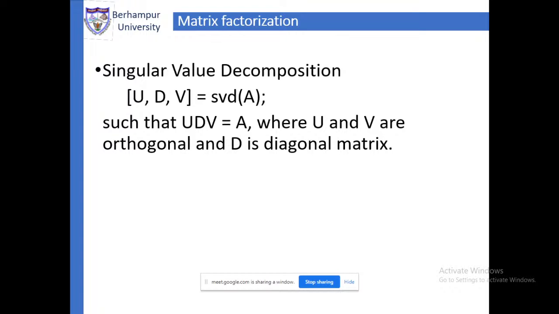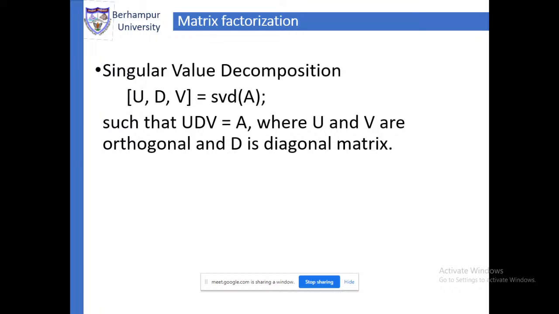Then matrix factorization: what you call in matrices singular value decomposition, SVD. If you want the SVD of a matrix, you can use the command svd of A. That will give you three outputs, U, D and V. These are the three variables which will be available.